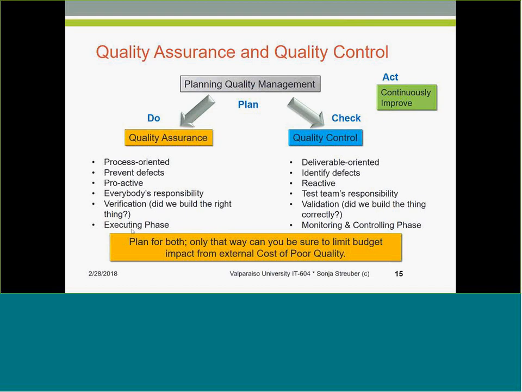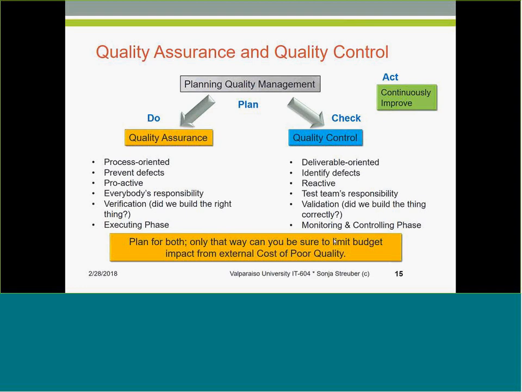Are we following all the right processes? And are we actually building the right thing, right? And then we also have to check our product in order to ensure that we don't have any bugs in our product, or that our product works correctly, right?